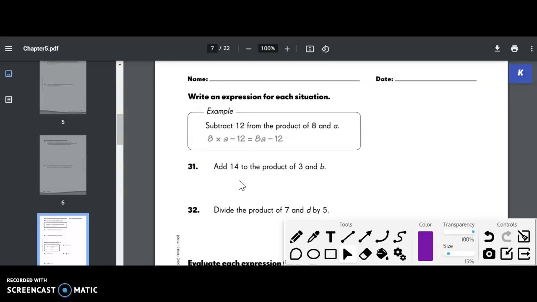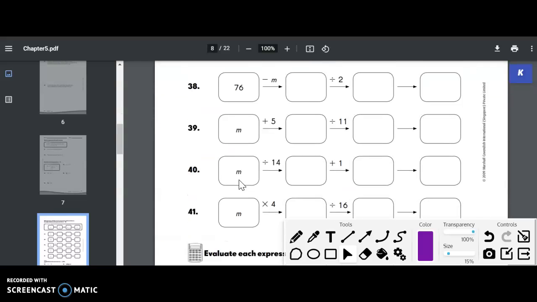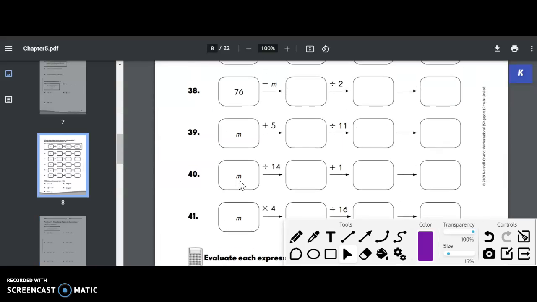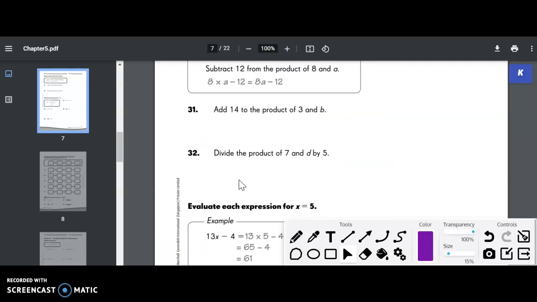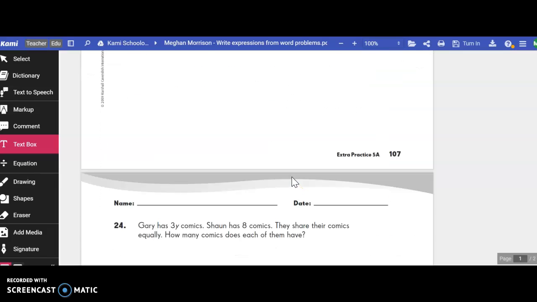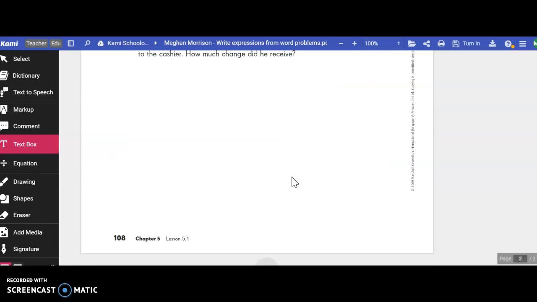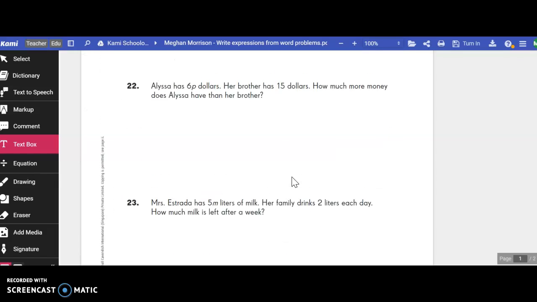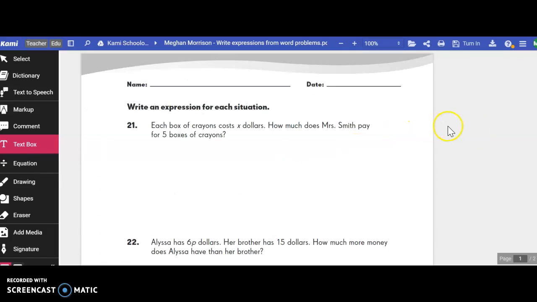I'm going to skip that one for now. All right. Those are all the examples I'm going to do, but if you want me to do some of the examples on your worksheet, I am more than happy to go through some of them, because it can be tricky to get the hang of this and figure out what operation I need to do. I'm not looking for just a number as my answer.